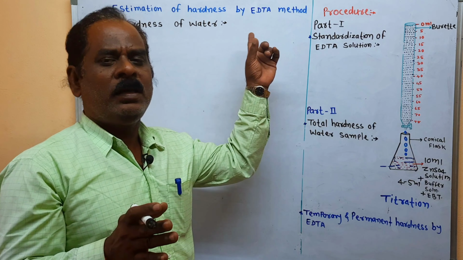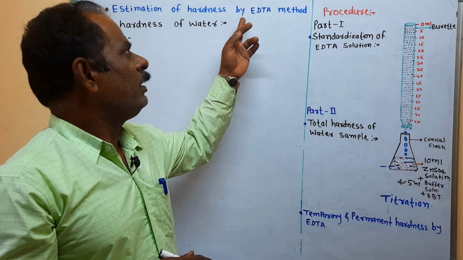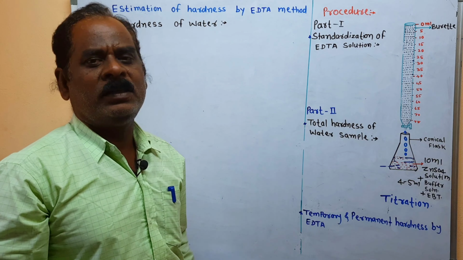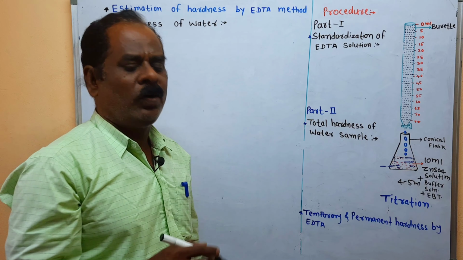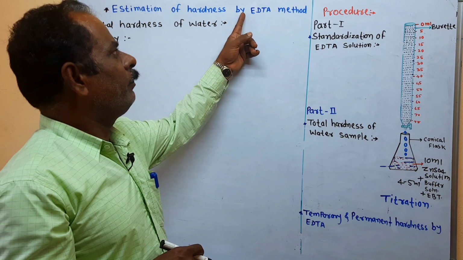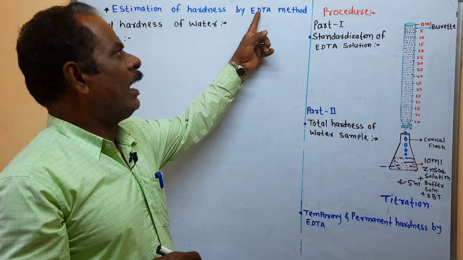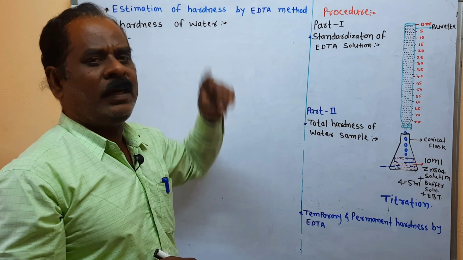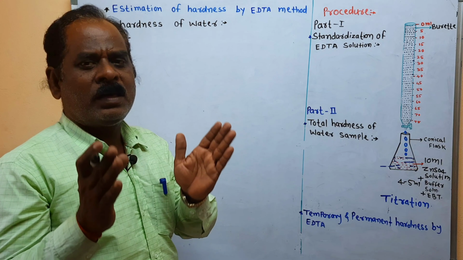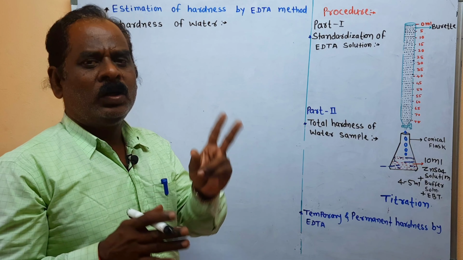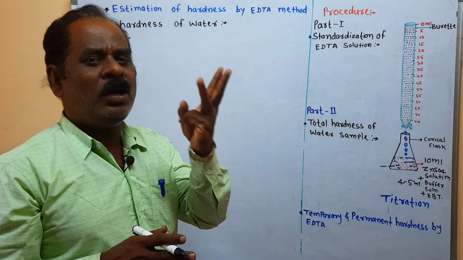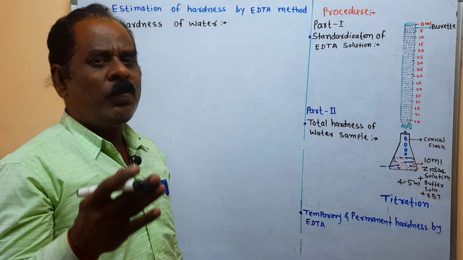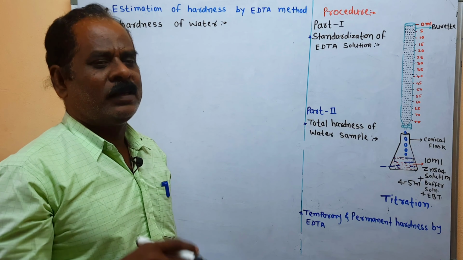Na2 EDTA means disodium ethylene diamine tetraacetic acid. What is the long form? Disodium ethylene diamine tetraacetic acid. This chemical compound contains 2 sodium atoms and 3 other molecules. These 3 molecules are always completed in the 10th class.